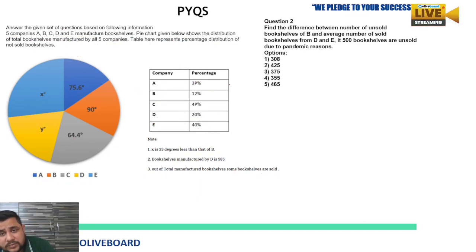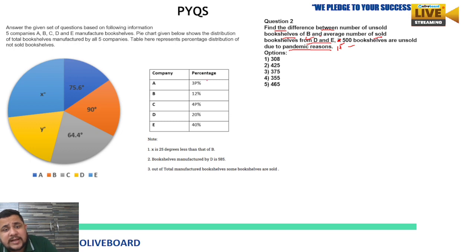Now see, the second question is: find the difference between the number of unsold bookshelves of B and the average number of sold bookshelves from D and E, if it is given that 500 bookshelves are unsold due to pandemic reasons.